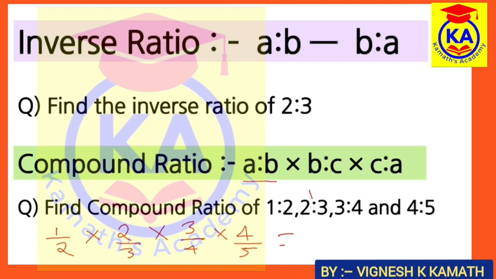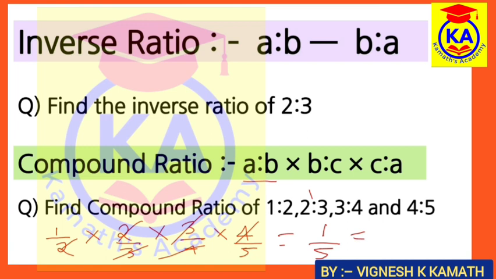Here it is given in ratio, and I have expressed it as fractions: 1/2 into 2/3 into 3/4 into 4/5. 2 gets cancelled, 3 gets cancelled, 4 gets cancelled. Remaining will be 1/5. Now this is not the answer.